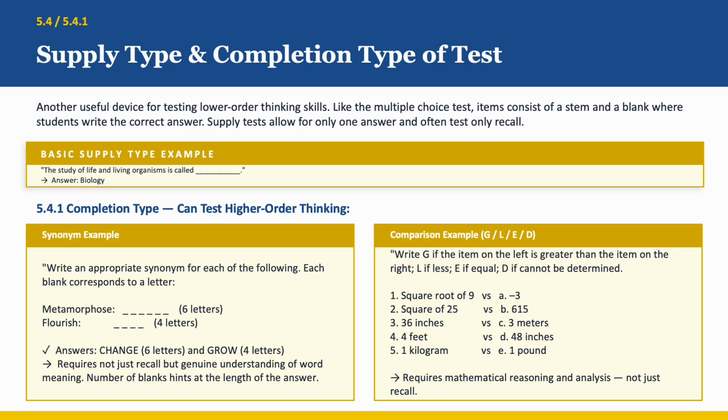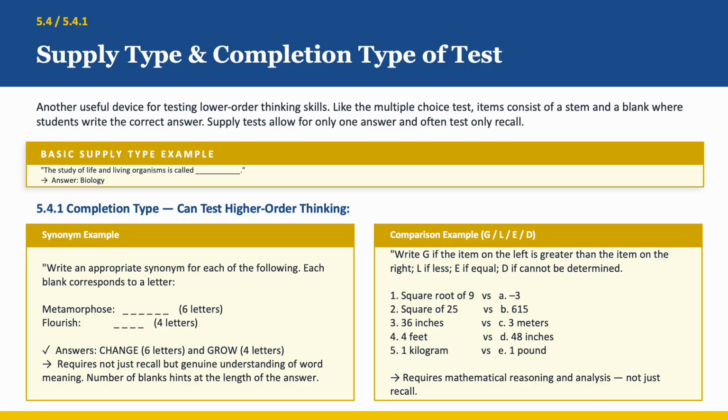Alright, we're shifting now from selected response type to supply type test. This is also called constructed response test. Instead of choosing from given options, students have to produce their own answer. The most basic form of this is the completion test, like a sentence with a blank that students fill in.